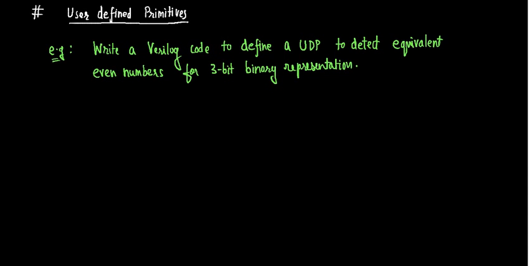You need to specify the table. In all the combinations of A and B, 0 0. Output is, now wait, I am defining a 2-bit.